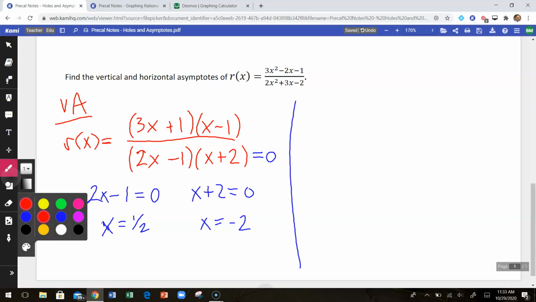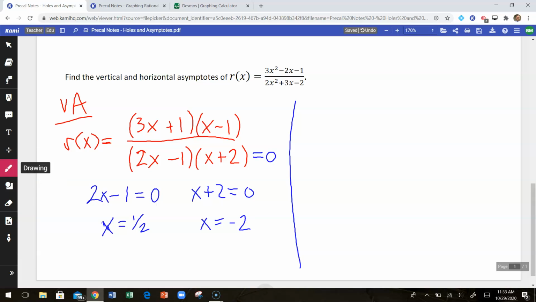To find the horizontal asymptote of this graph, all I'm going to do is look at my original function. I don't need to do any kind of factoring, but I'm going to look at the leading terms, and the leading terms show me the degree. So I have 3x squared over 2x squared. I can ignore the rest of it. I'm just looking at that degree and leading term.